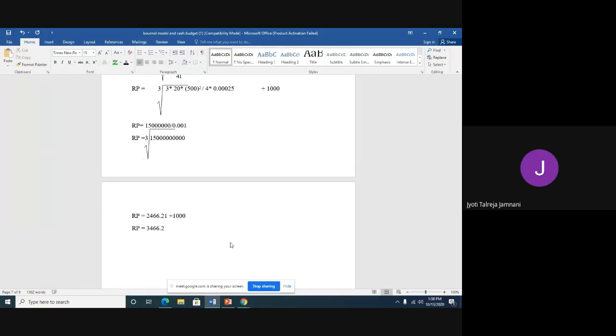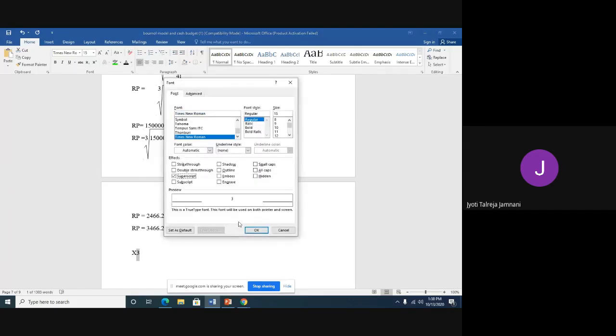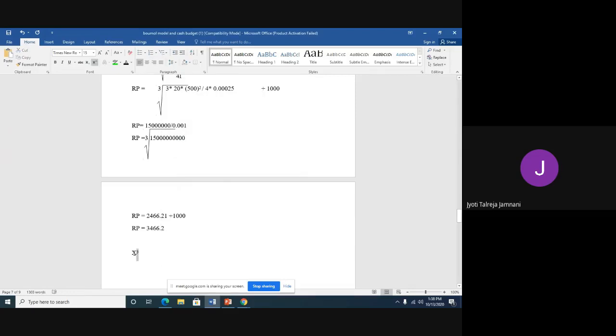There is something called x raised to 3 in your calculator. You will get the cube root sign on the screen. And then you can press your value, that is 15 with 9 zeros. You will get the answer.